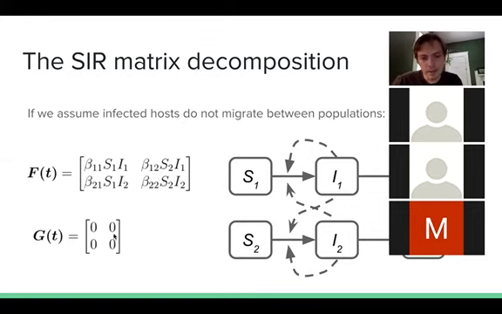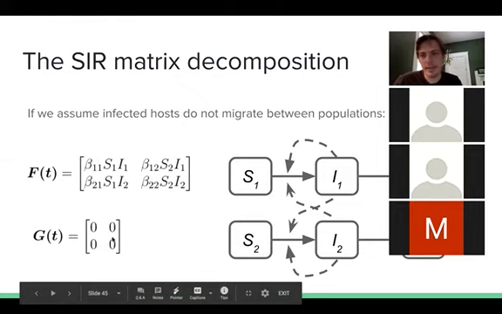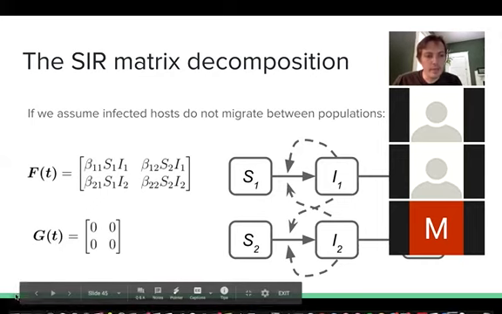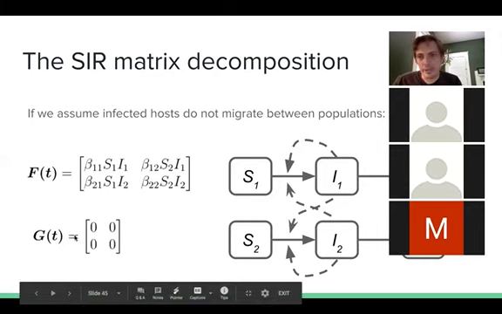And in this model, there doesn't necessarily have to be any migration of infected individuals between populations. For example, if this is a highly structured population where individuals simply don't move between different populations, the migration rate matrix, or this G matrix, would just be a bunch of zeros.